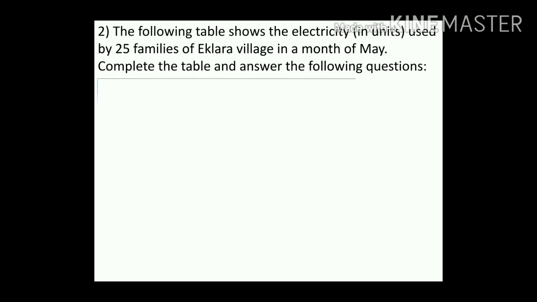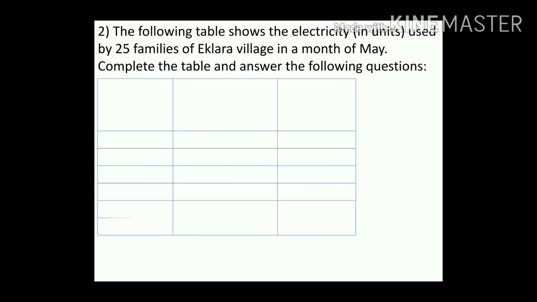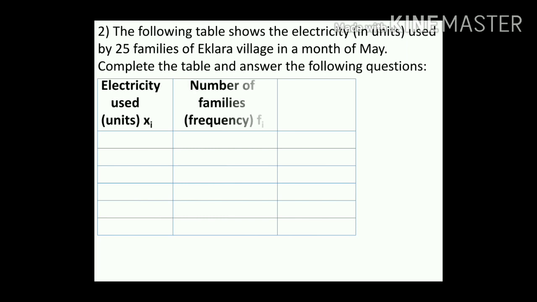There are a total of 3 columns. First column is electricity used, given in units, that is xi. Second column, number of families, that is the frequency. Third column is fi xi.